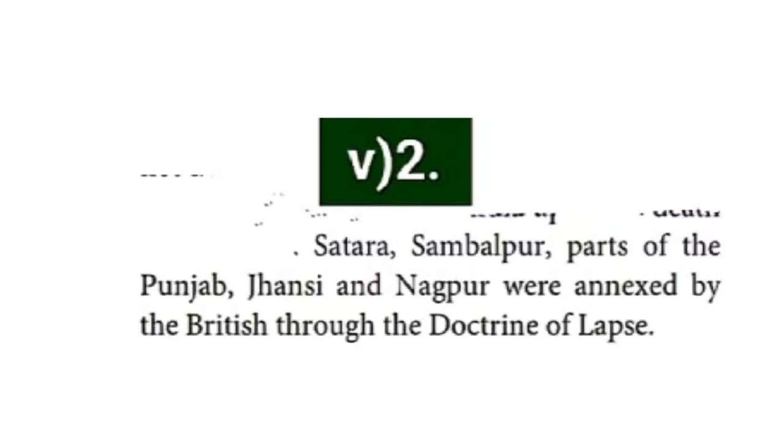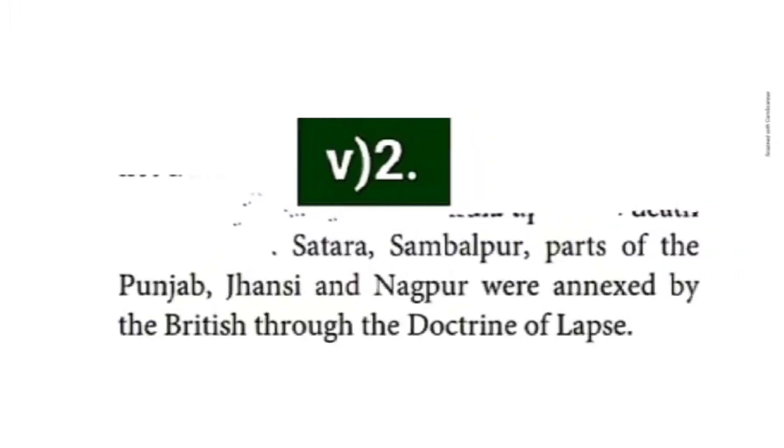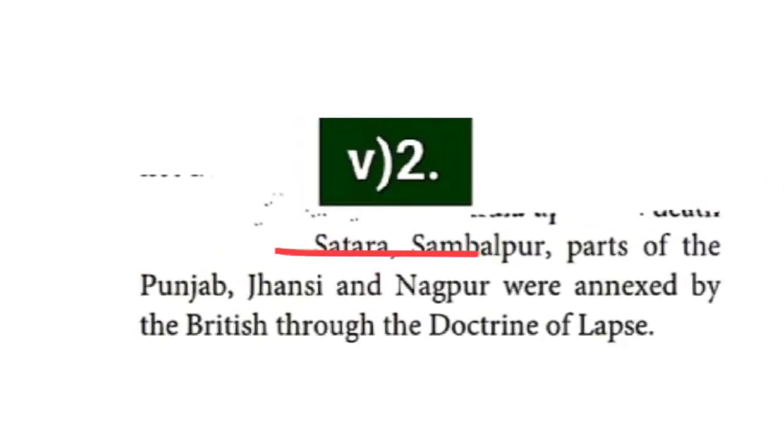So mainly Hindu states were affected. Who are the Hindu states? We can see, children: Satara, Sambalpur, then parts of Punjab, Jhansi, Nagpur. So these are the territories, the places annexed, in the sense captured, by the British through the doctrine of lapse.